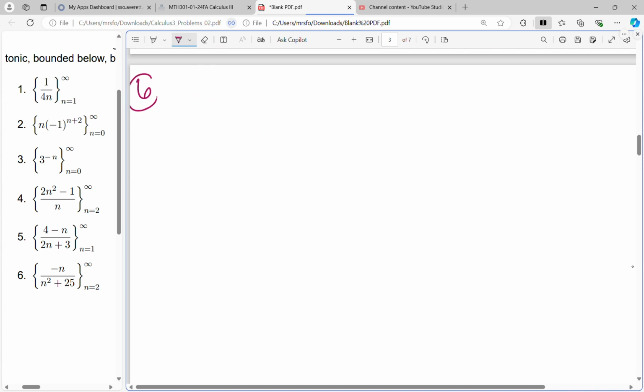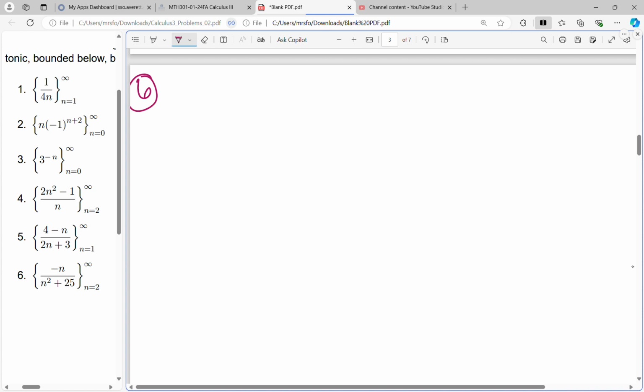Lastly, we have negative n over n squared plus 25. So we can take the derivative. Remember, when we take the derivative, if our derivative is always positive, it's increasing. If it's always negative, it's decreasing.